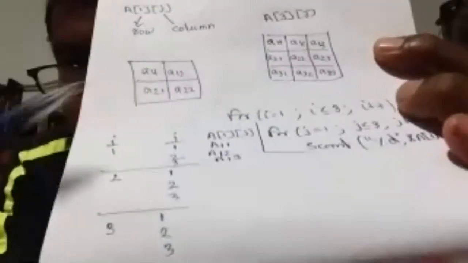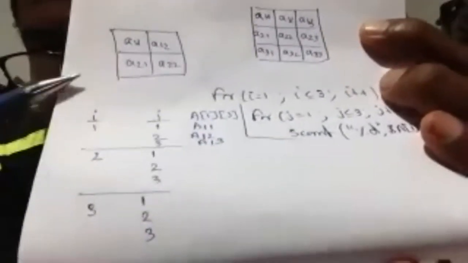In this table, I have discussed already. If I use 2 consecutive for loops, this is the structure.